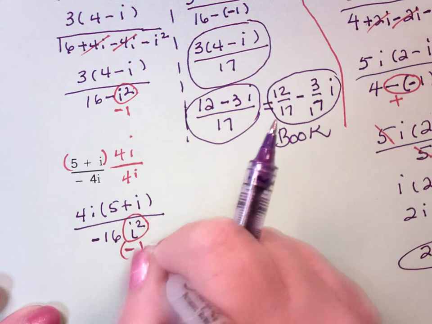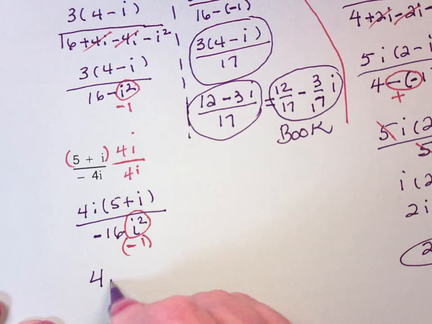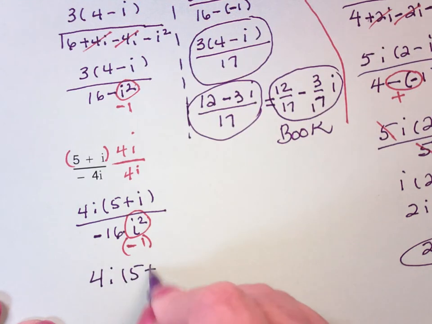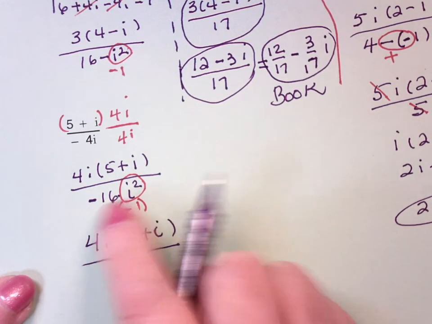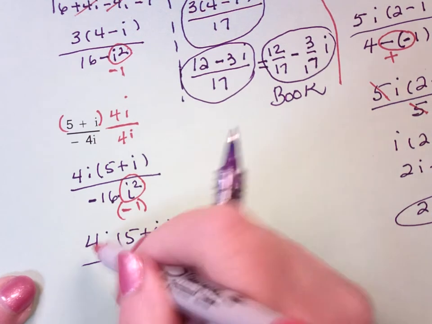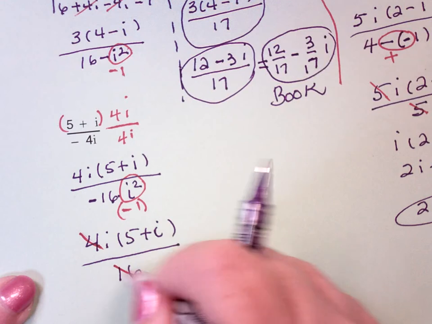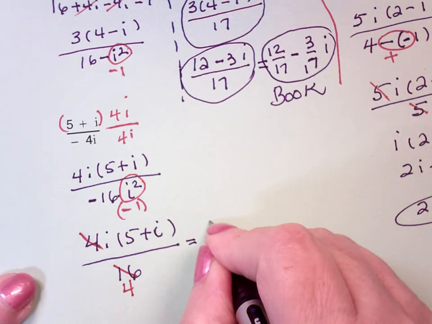This is a multiplied negative 1 because I'm taking 16 times i squared. So it's 4i times 5 plus i all over 16. Minus 16 times minus 1 is plus 16. 4 divides 16 4 times.